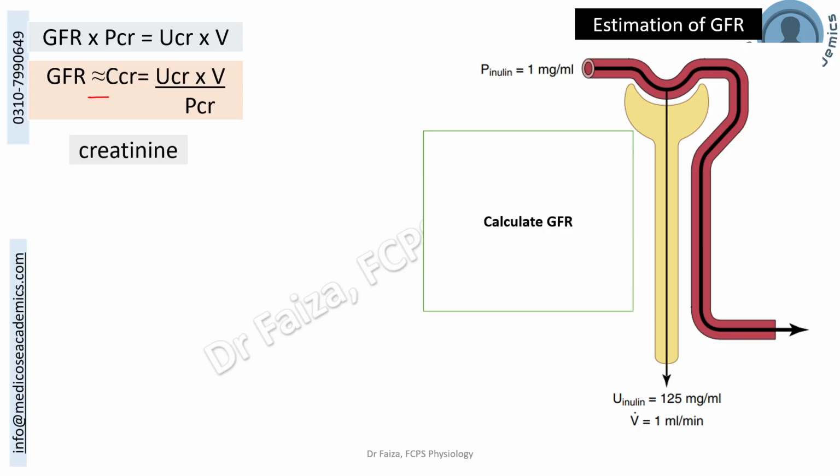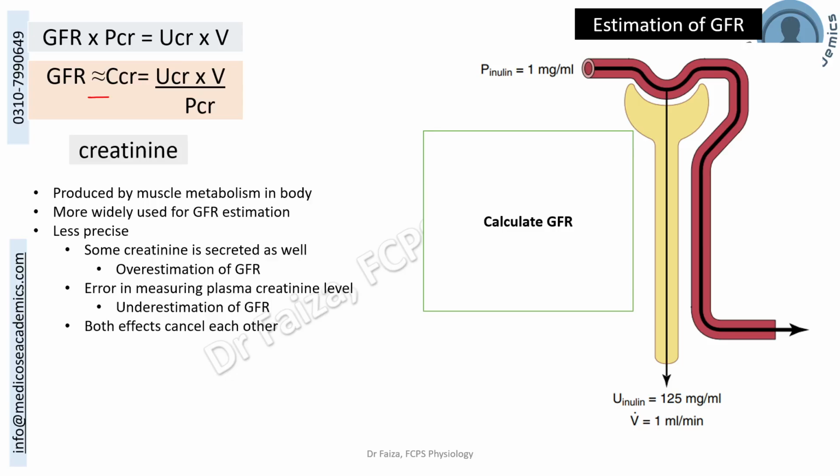Why is it not exactly equal but approximately equal? Because a little amount of creatinine is also secreted in the renal tubules. Creatinine is produced by metabolism in the body and is widely used for GFR estimation. It is relatively less precise because some of it is secreted in the renal tubules, so it can overestimate the GFR.